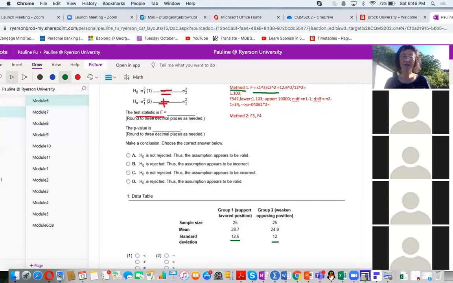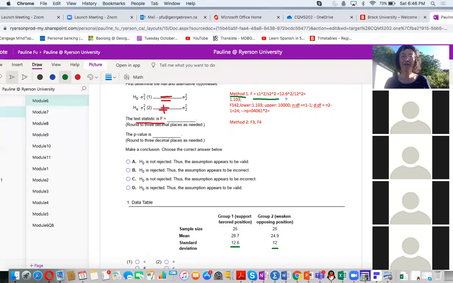Remember, as a convention, always put a bigger number on the top. So you put 12.6 squared divided by 12 square, and you are going to get 1.103. So that is method 1, use formula.